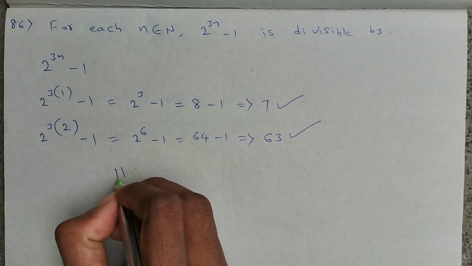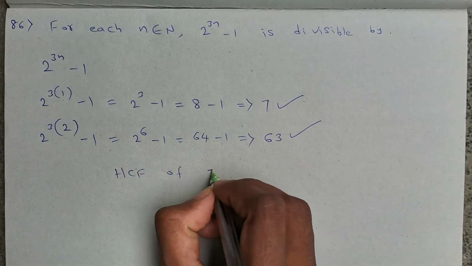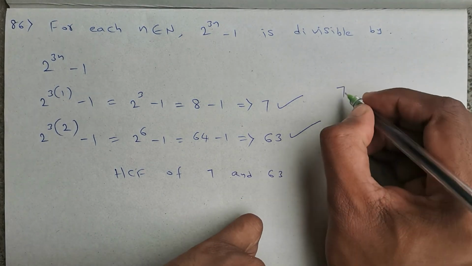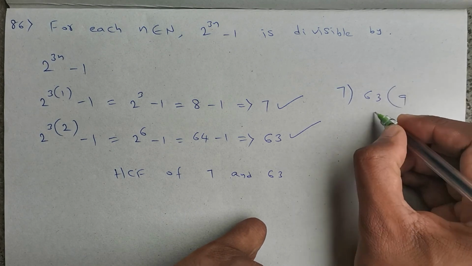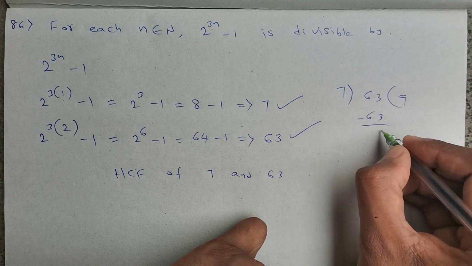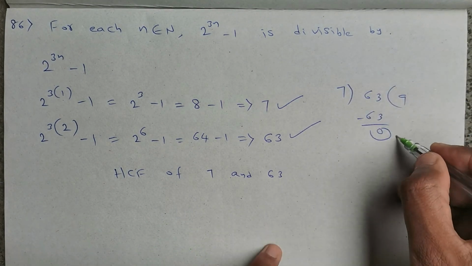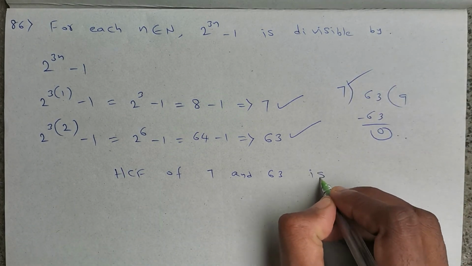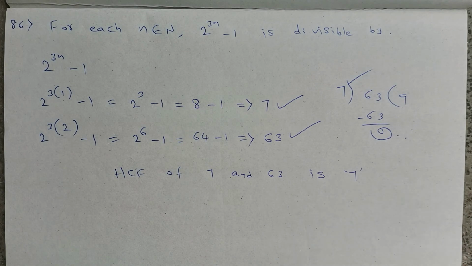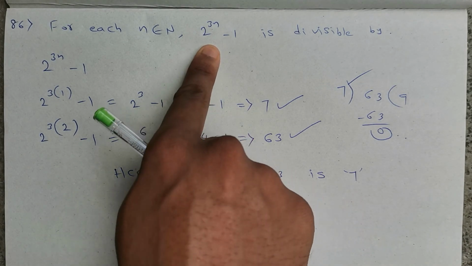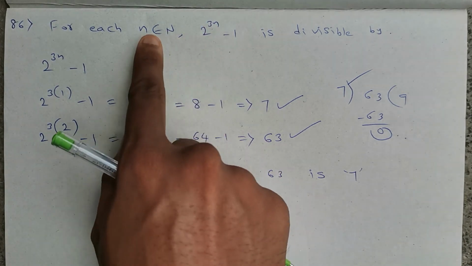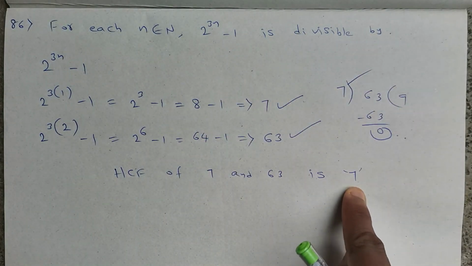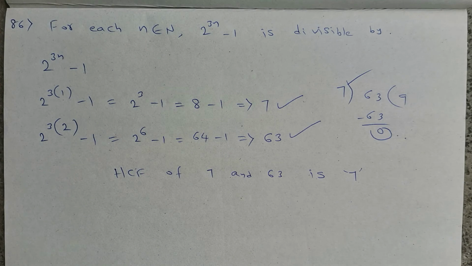Find the HCF of these two, HCF of 7 and 63. 7 9s are 63, 63 minus 63 is 0, so we got the remainder 0. 7 is the HCF. So the number 2 power 3n minus 1 for each n belonging to N is divisible by 7.